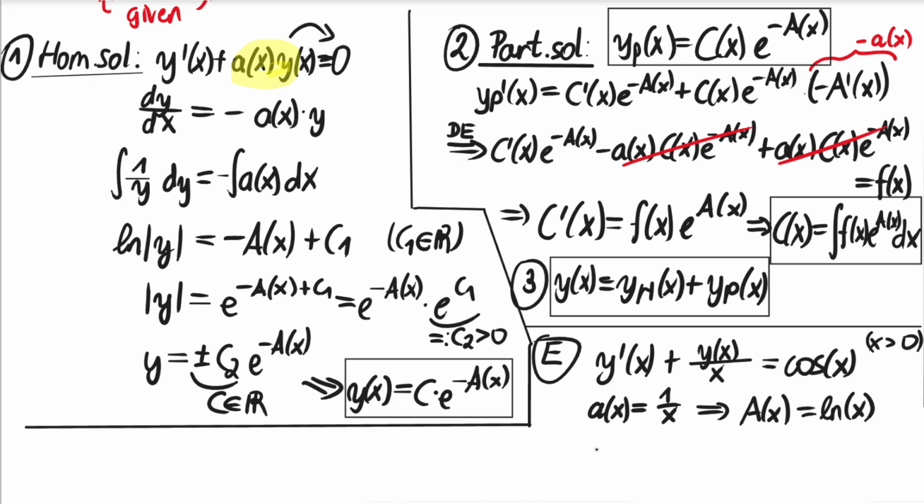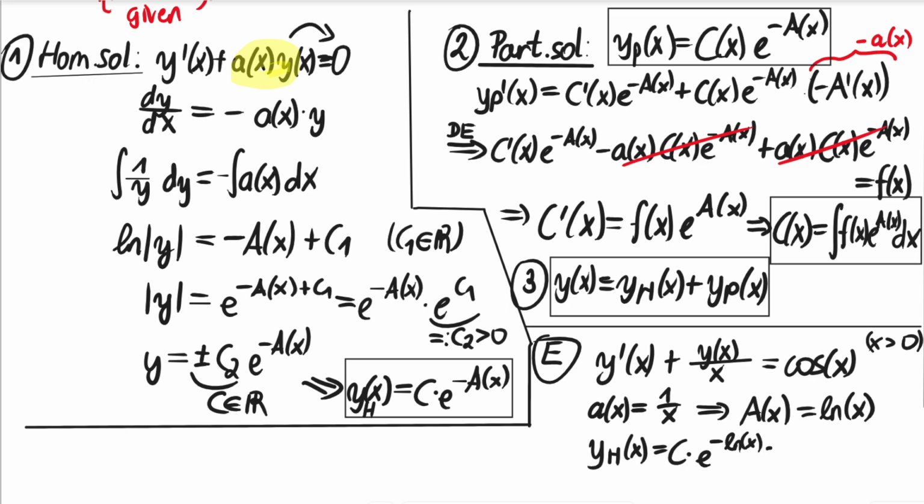So my homogeneous solution, continue here. What is my homogeneous solution here? It would probably also be good if we write here homogeneous, subscript h. So my homogeneous solution is a constant times e power minus this uppercase A function, so ln of x.